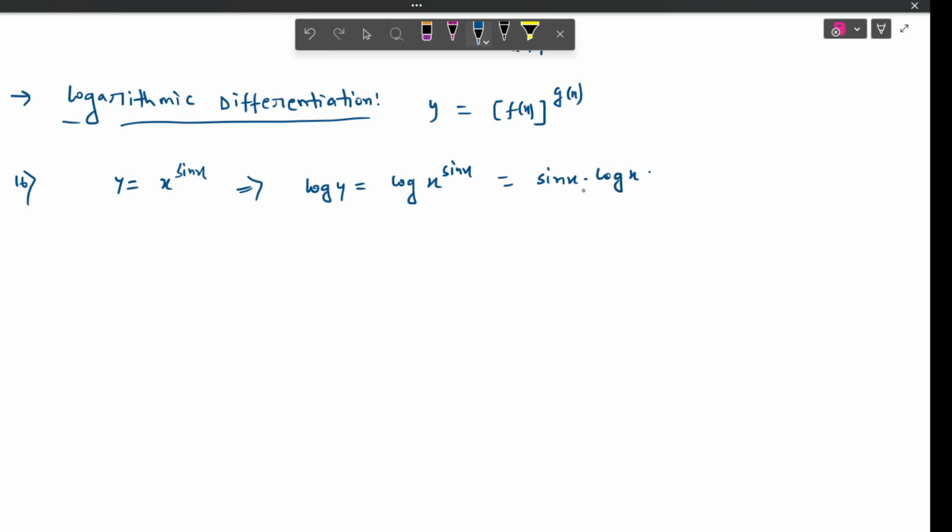Now, if you take sin x as u and log x as v, this is differentiation of implicit function, right? So log of y, differentiation of log of y is 1 by y, differentiation of y is dy by dx. This is u, this is v. So if we keep sin x, and differentiation of log x is 1 by x, plus if we keep log x, differentiation of sin x is cos x.